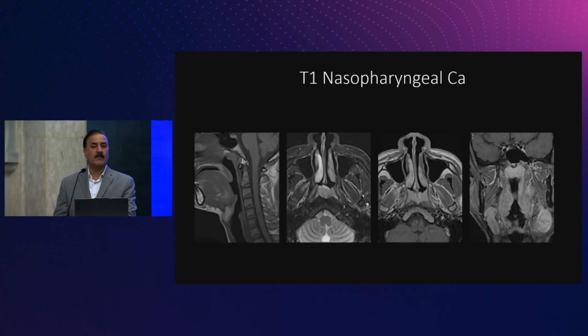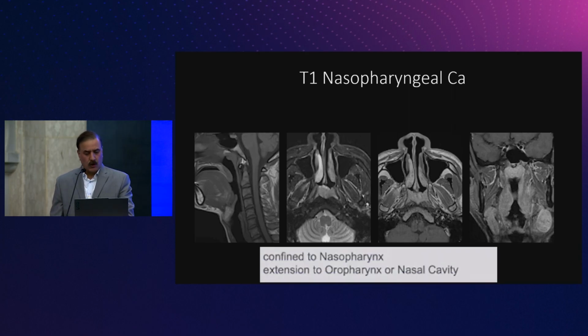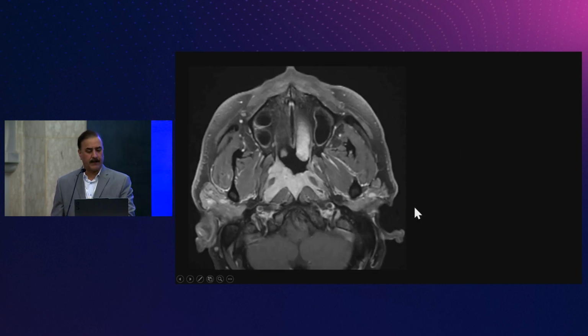Once you have EBV positivity in a lymph node with an unknown primary, think about nasopharyngeal carcinoma. Multiple biopsies were taken from the nasopharynx, and the biopsies came out positive, with about a 0.5 centimeter primary in the nasopharynx. But this is confined to the nasopharynx, so this is a T1.